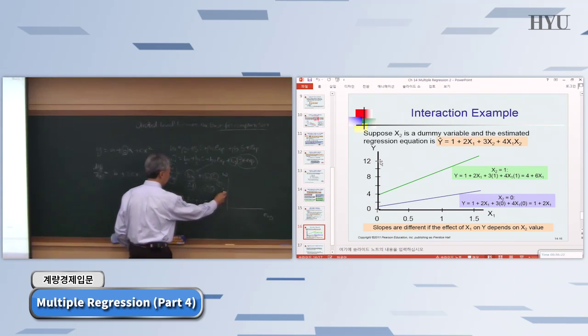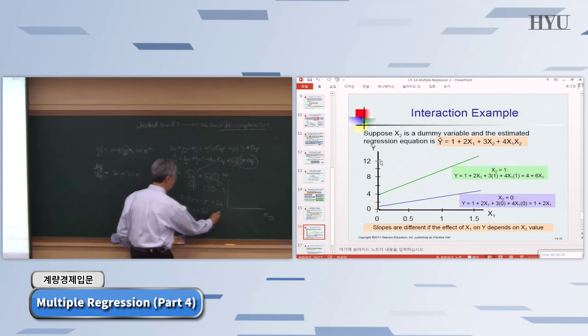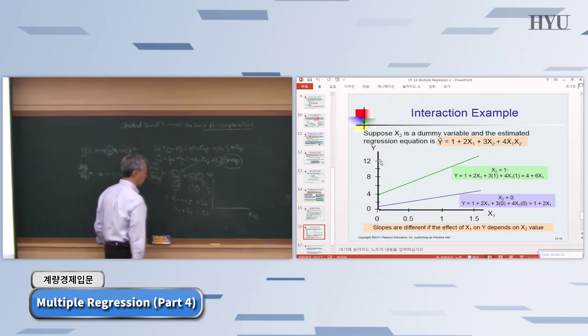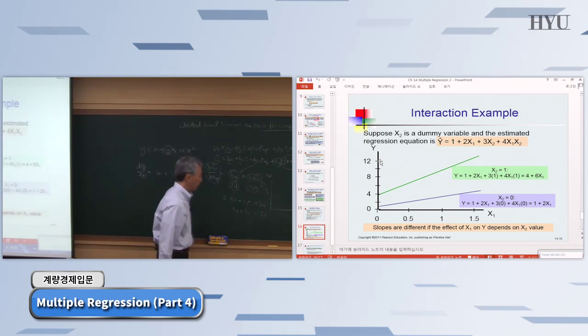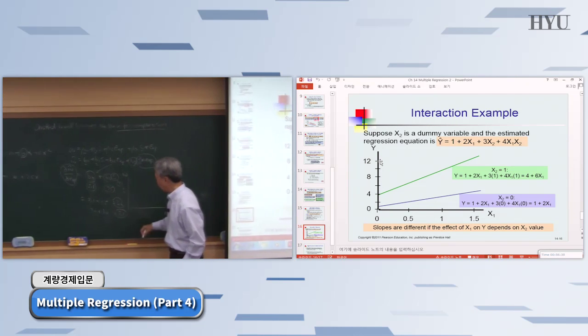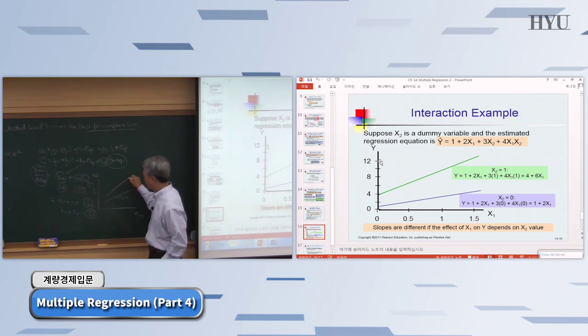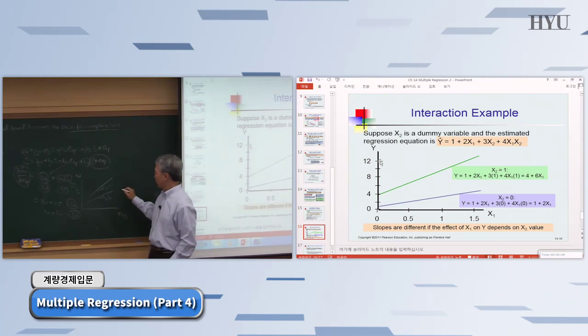For 4 years of schooling, it's going to be 2.1 plus 3.0, which is 5.1. So we have two separate slopes, 3.6 versus 5.1. This is for the schooling level of 2 years, and this is for the schooling level of 4 years.